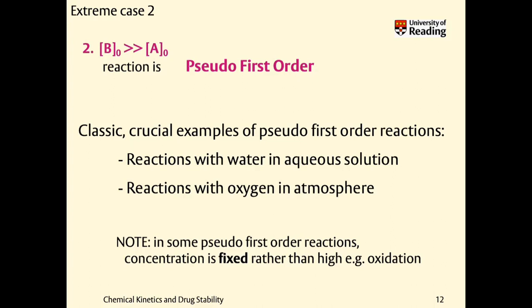So any reaction that involves oxygen from the atmosphere is going to appear again as a first order reaction if it only has one other reactant. Okay. So those are two simple examples that you can think about when trying to explain pseudo first order kinetics as an extreme case of a second order reaction.